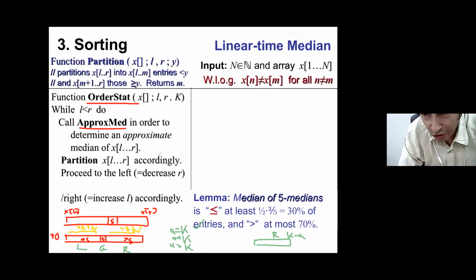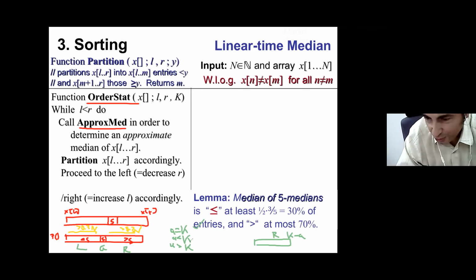So you call the order statistics recursively on the right piece, setting L to a, by decreasing k by the number a, because you know that there are a elements which are already smaller, and on this piece you need k minus a smaller elements.